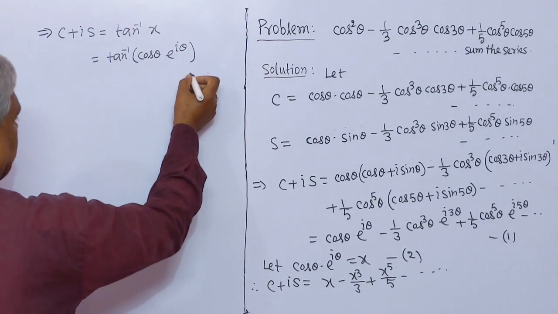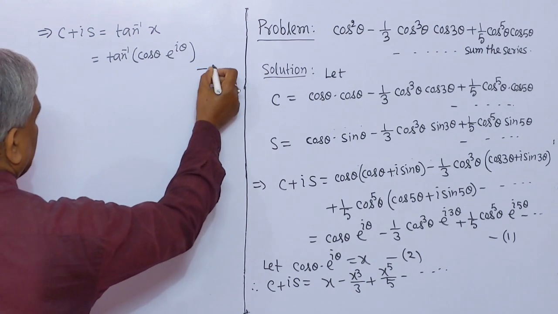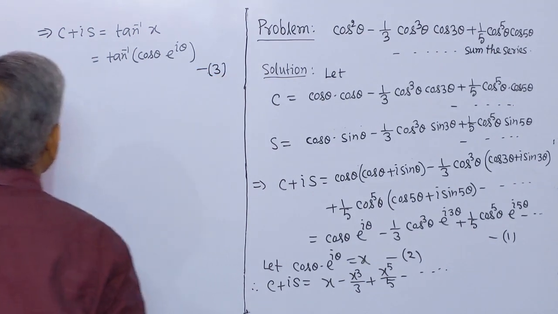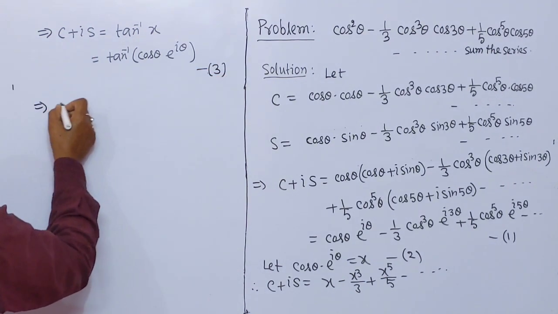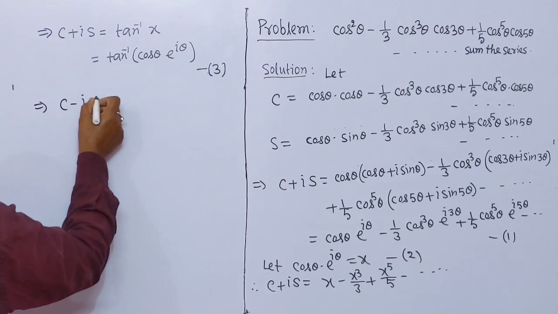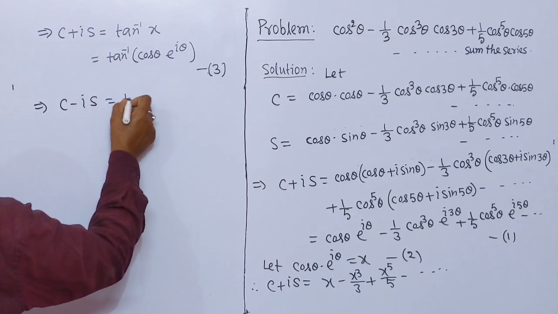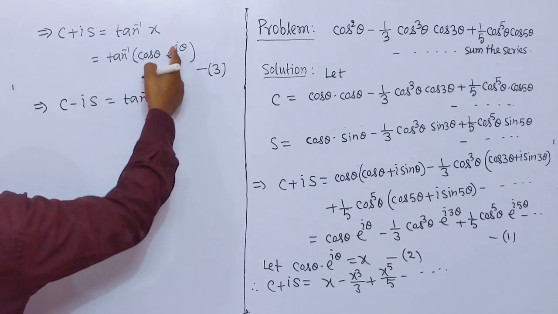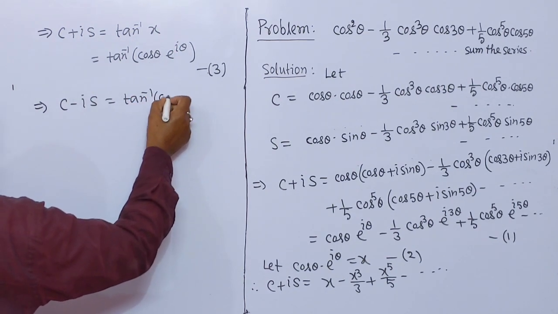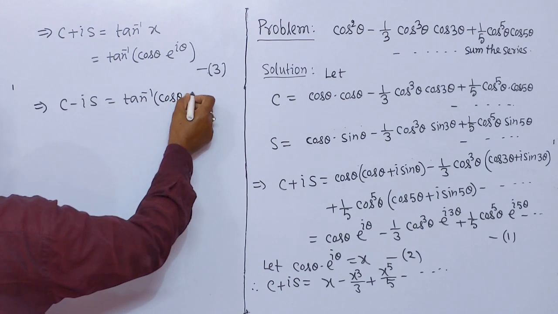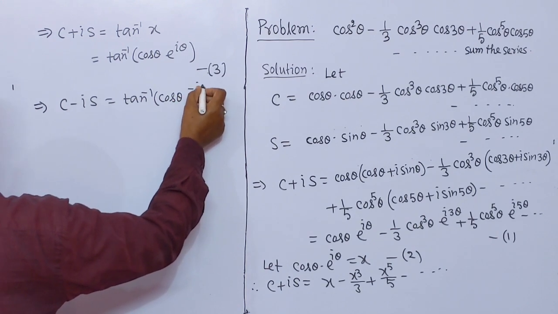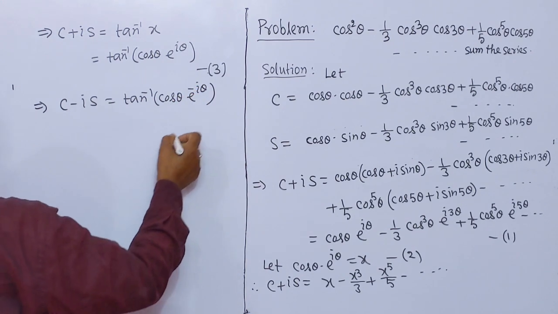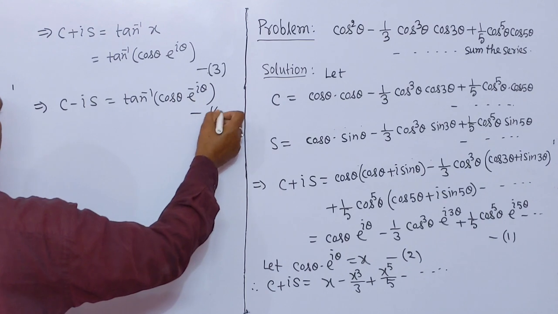This is number 3. Taking conjugate, in place of i we write minus i: C minus iS equal to tan inverse cos theta e to the power minus i theta. This is number 4.